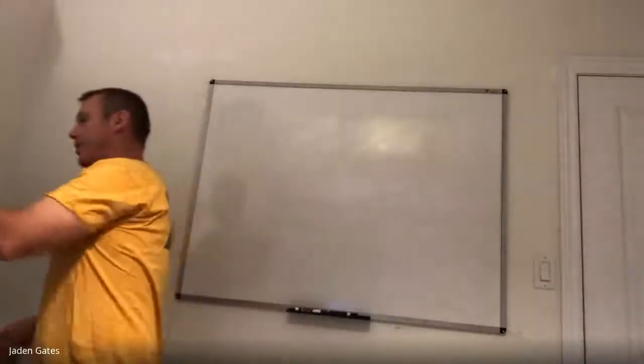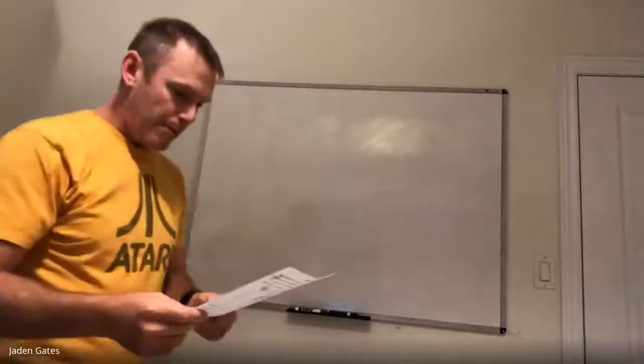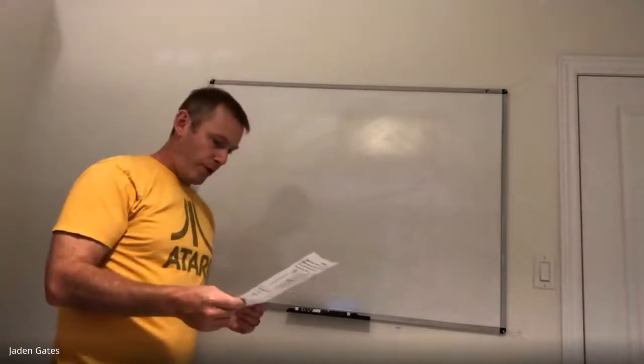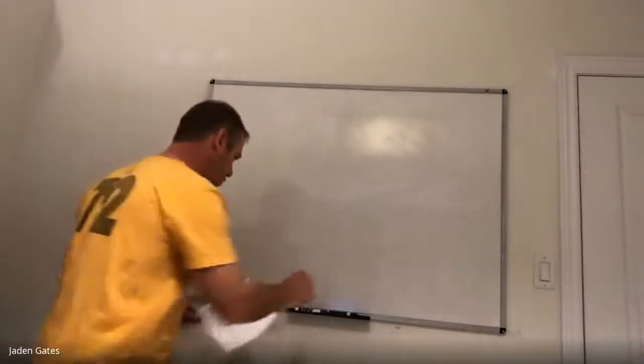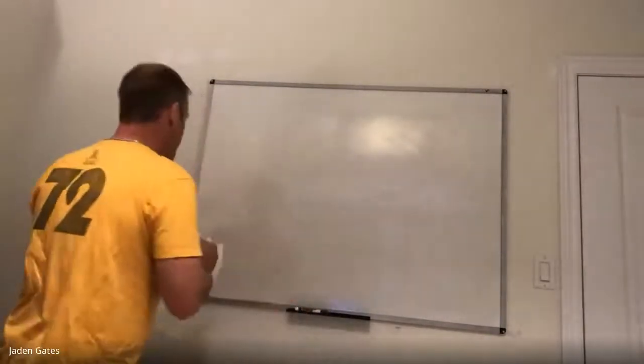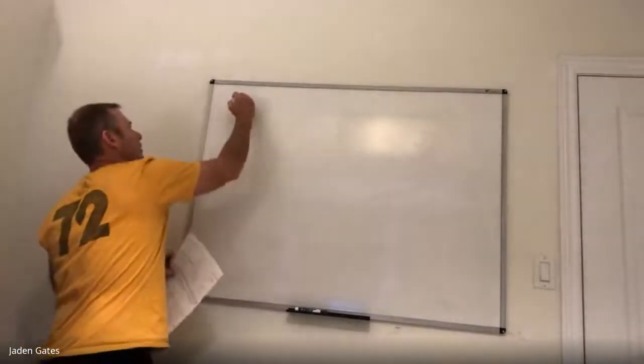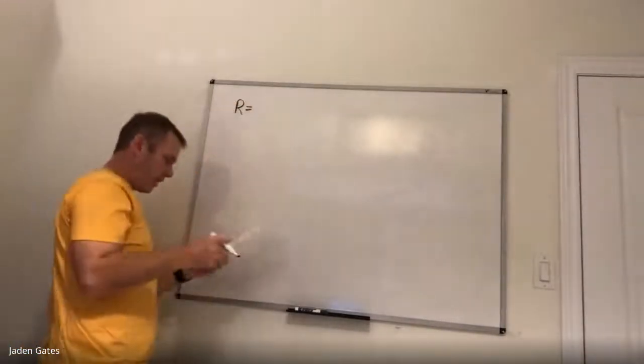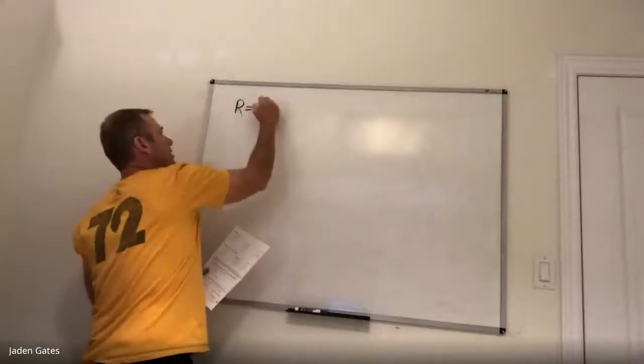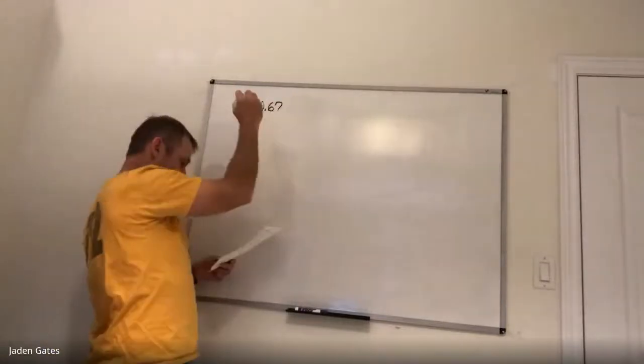All right, so let's see here. The old Richter scale is used for measuring the magnitude of an earthquake. I think most of you know that. The Richter scale magnitude is given by this huge equation here. So R, that's going to be your Richter scale number, is 0.67. Again, this is a real equation.